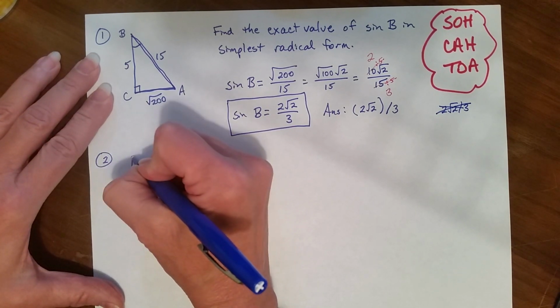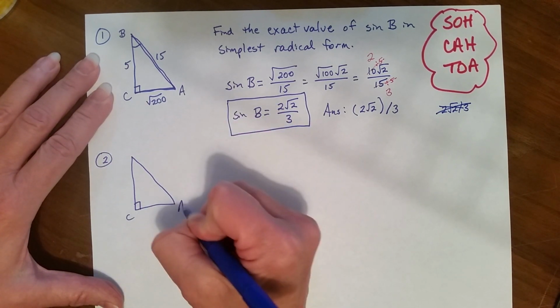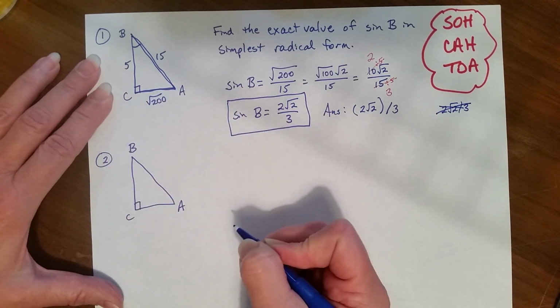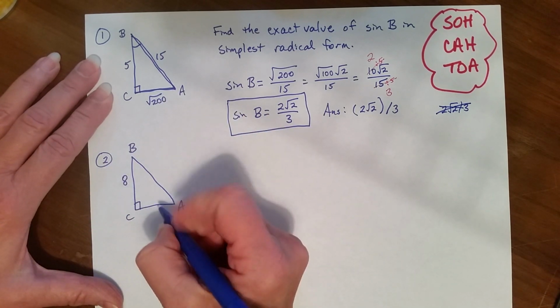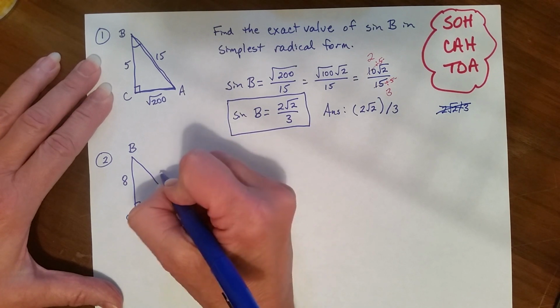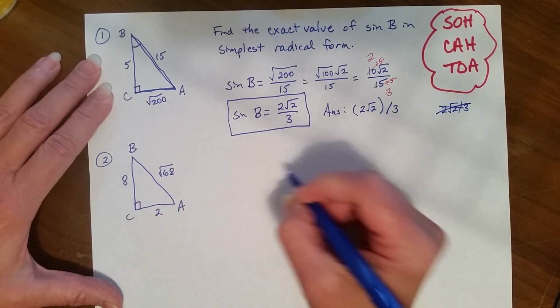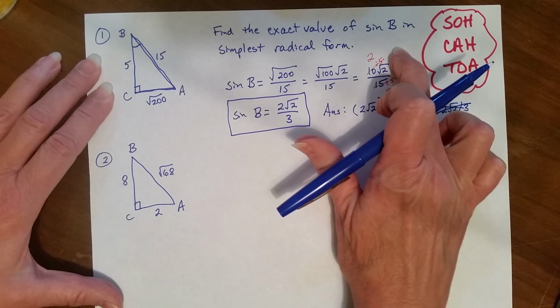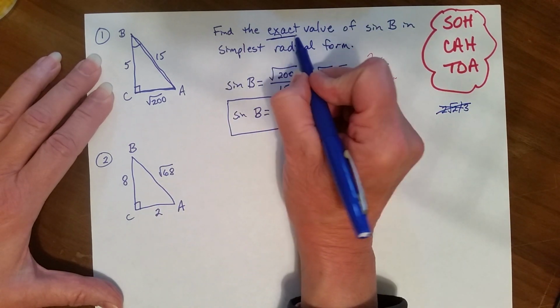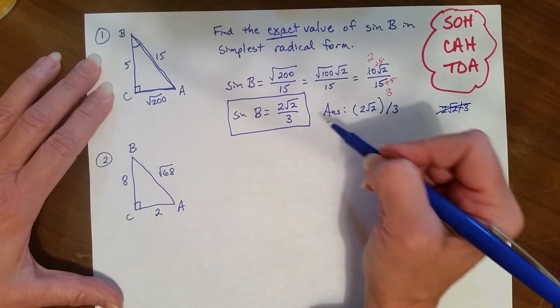Okay. All right, next one, number 2. Another right triangle. Similar setup. Here we have 8, here we have 2, and here we have the square root of 68. Find the exact value of, and by the way, this is an exact value. It's not a decimal approximation.